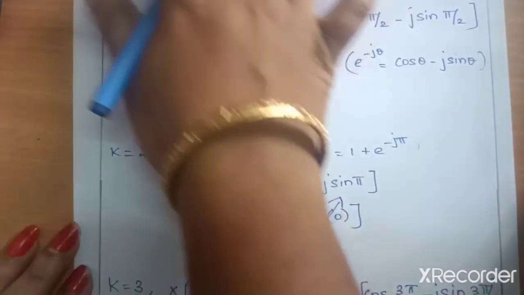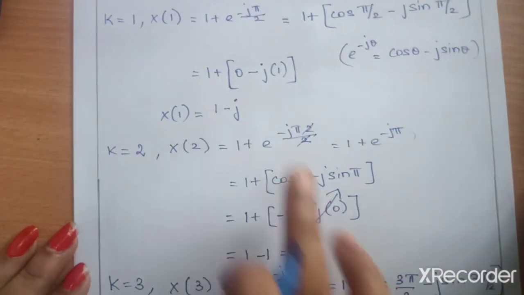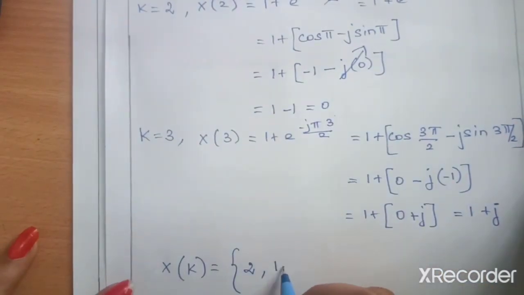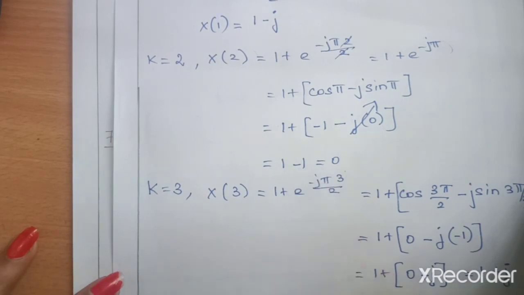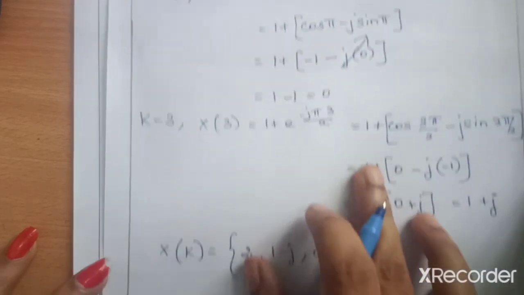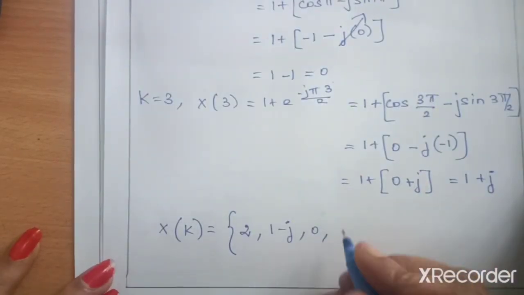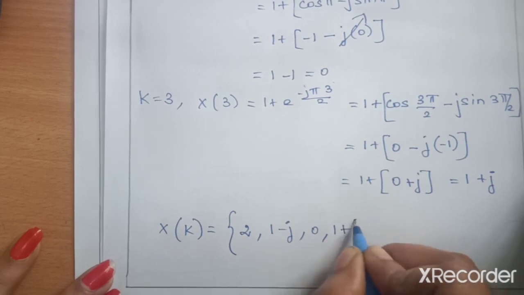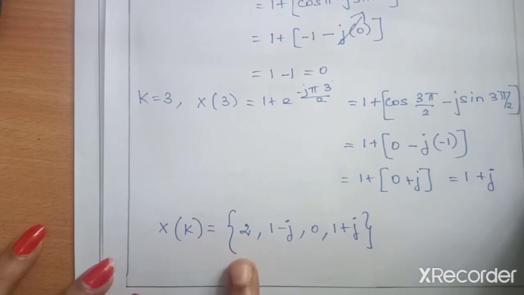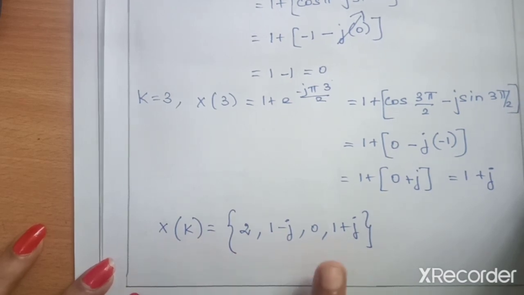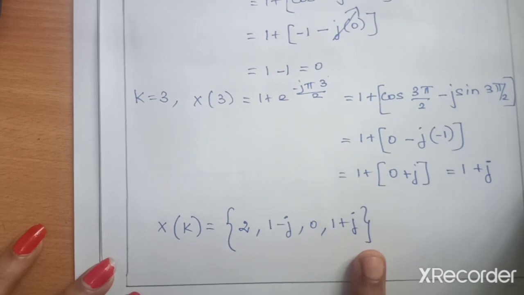Next the value of X of 1 will be 1 minus j. Next the value of X of 2 will be 0. And the value of X of 3 will be 1 plus j. So this is the answer. Capital X of k is equal to 2, 1 minus j, 0, 1 plus j.